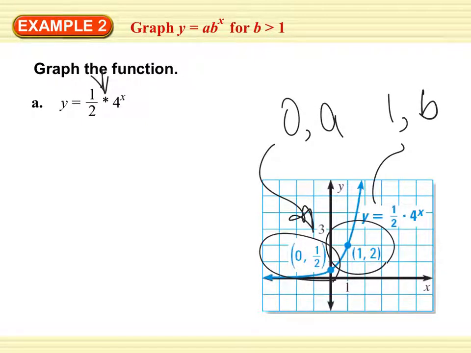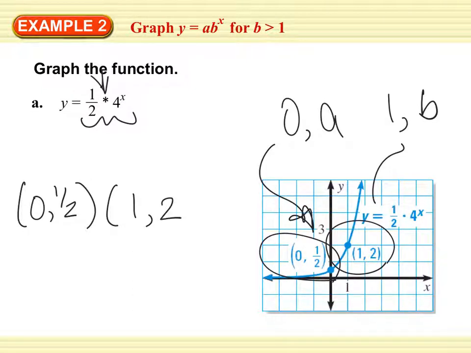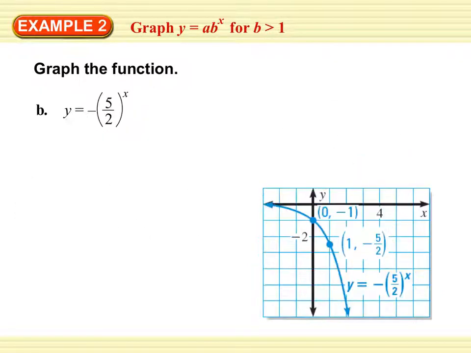What's interesting here, though, is our b value. So our point is going to be (0, 1/2), and (1, 1/2 of 4), which is, in fact, 2. Okay, so we plot those 2 points, and then we can somewhat easily draw a curve, making sure we hit those 2 points, which gives us enough information for a curve.